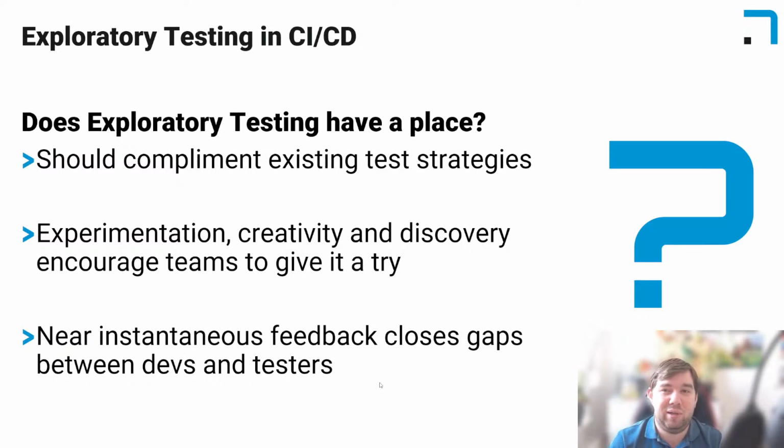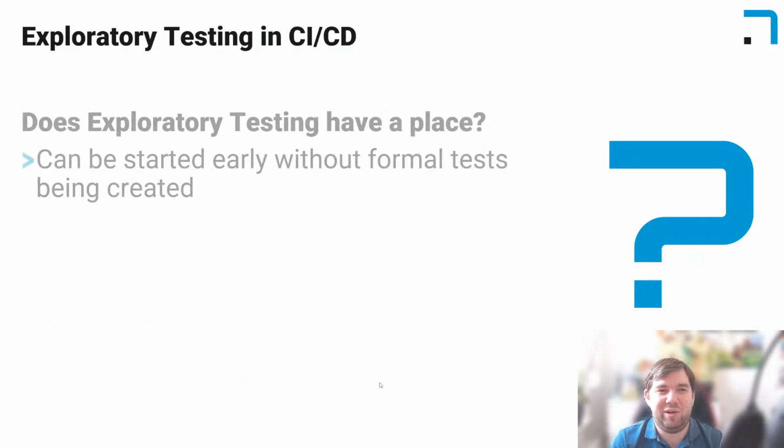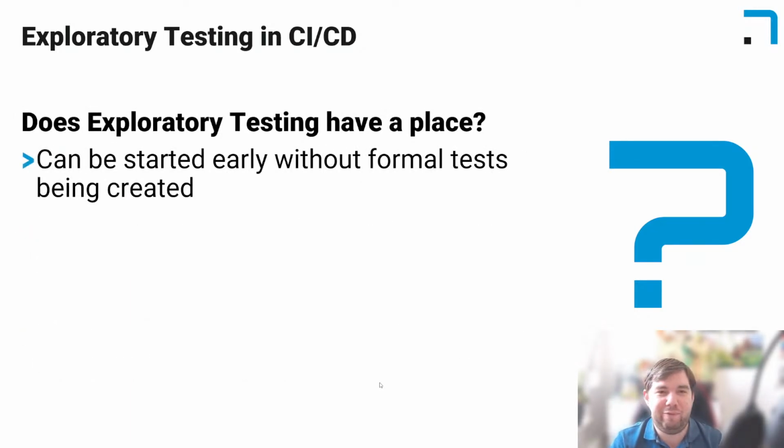Exploratory testing is also great because we can start it early, before any formalized tests have been created. We do, of course, need something to test, so we can't start too early. But it does mean in case we haven't written our automated tests, or we haven't prepared a test plan for manual tests yet, we can still do some exploratory testing.